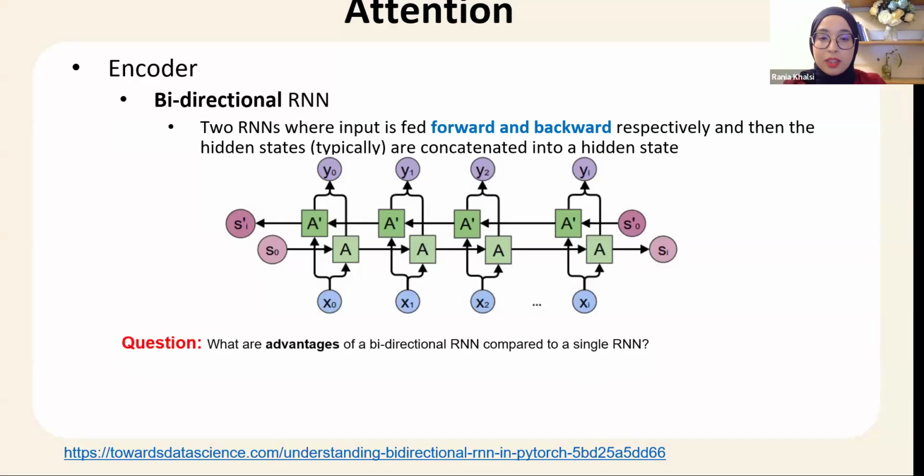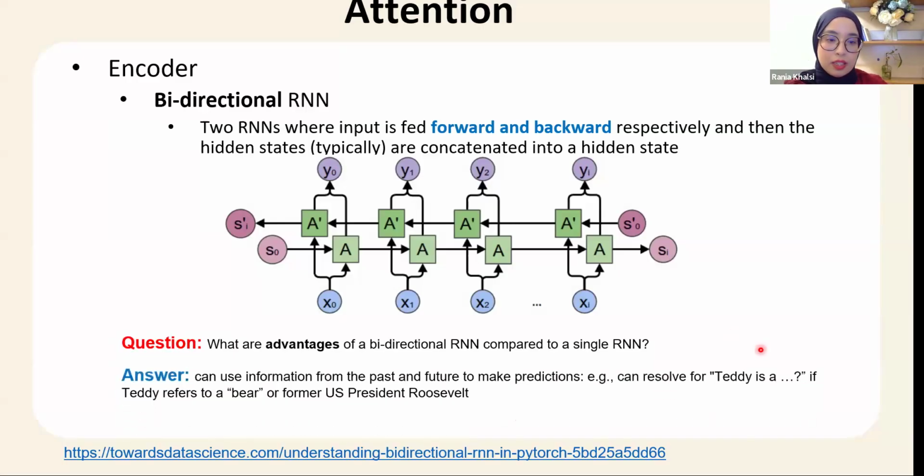The main advantage of this kind of structure is that RNNs carry memory. For example, if the sentence begins with "Teddy is", this is the example that we are considering, and then we don't know what will come next.